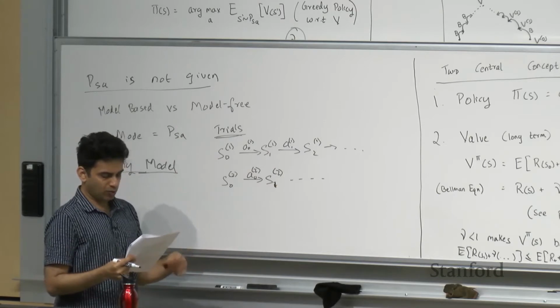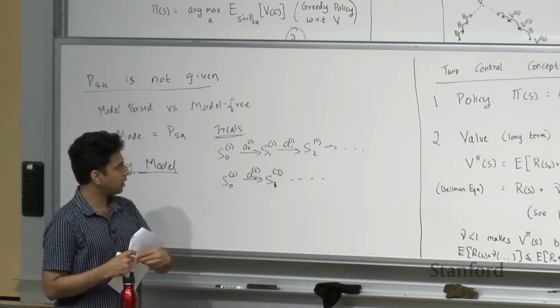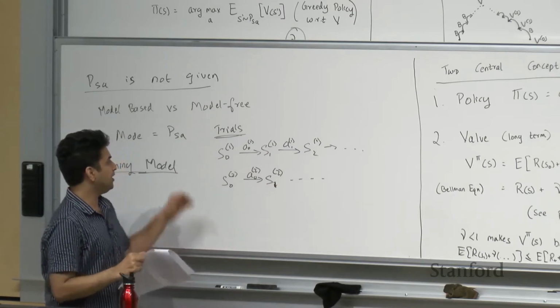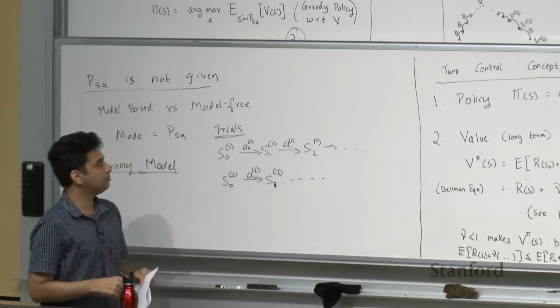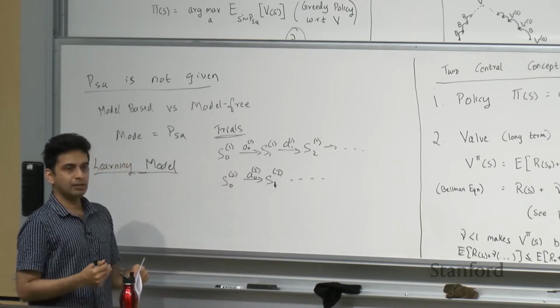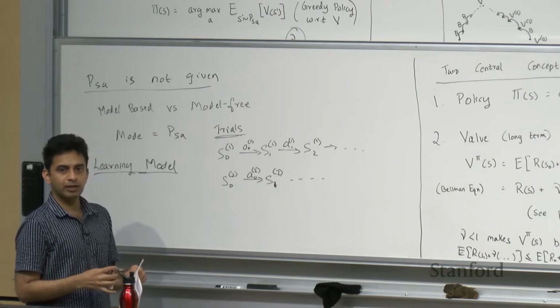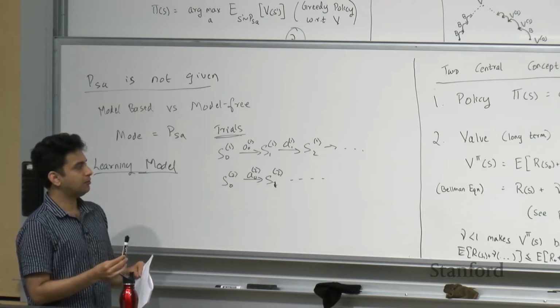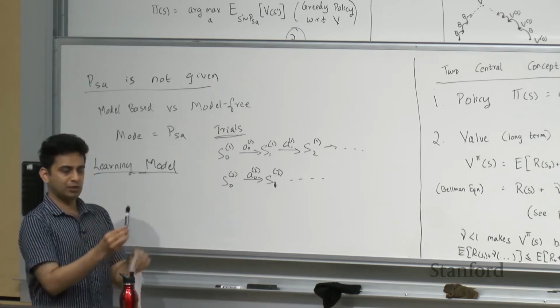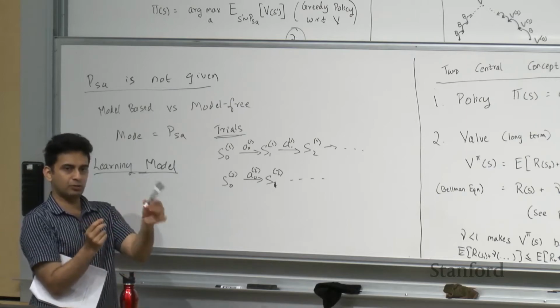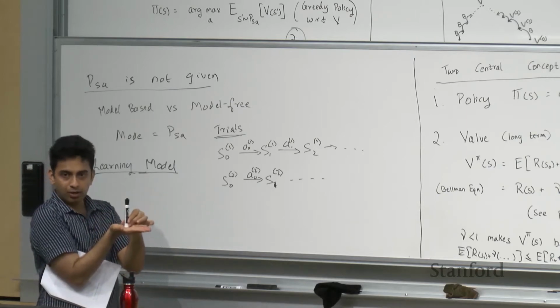In the homework that I will be releasing on Monday, you can think of each trial this way. The homework problem is about balancing the cartwheel or the inverted pendulum, where you're given a stick which has 1 degree of freedom, which can move around, and it's balanced on a cartwheel.